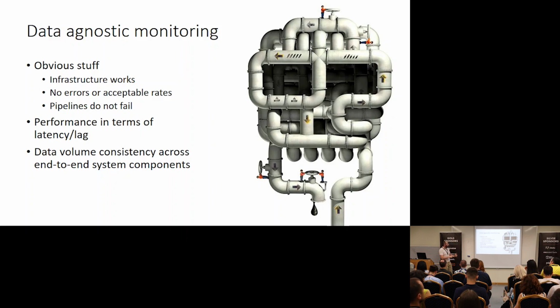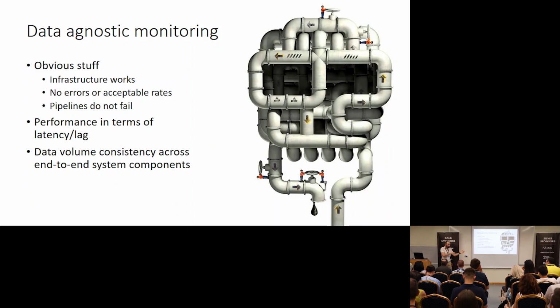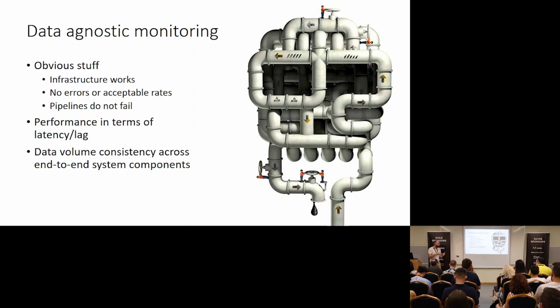And finally, another physical property of your data is that its volume is consistent across end-to-end systems. So you have, for example, a first pipeline, a second one, or one database, another database, and it's copied from one place to another. You should make sure that if here you have 100 million events, then at the next stage you have 5 million, it's the result of aggregation. What can happen?